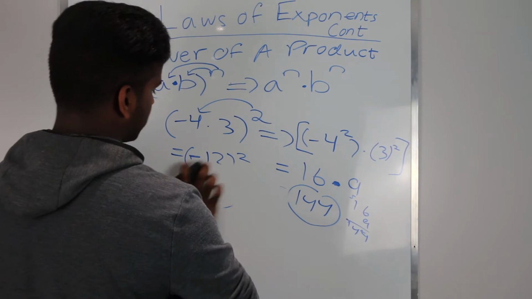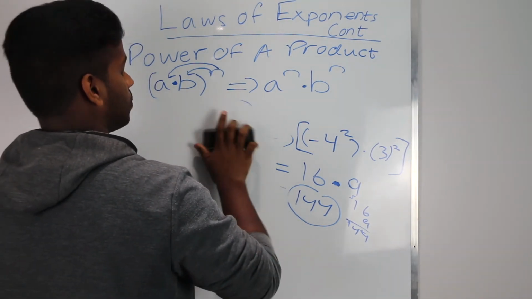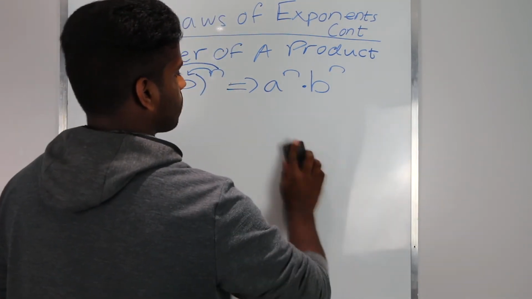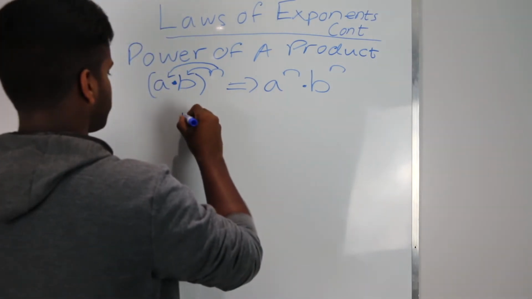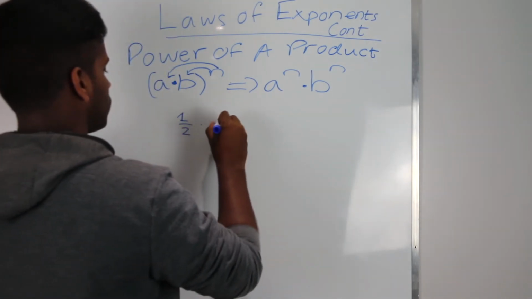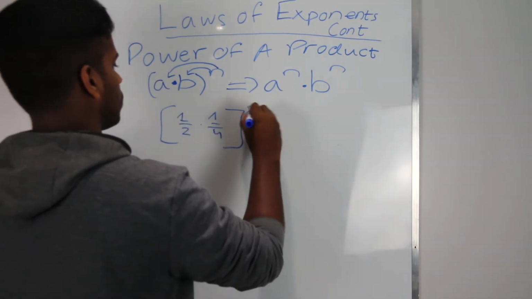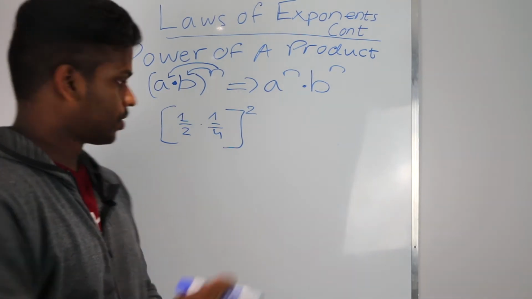Let's try one more example so you fully get the concept. Now we're going to take a look at fractions. So (1/2 times 1/4) squared. We'll solve this manually first.